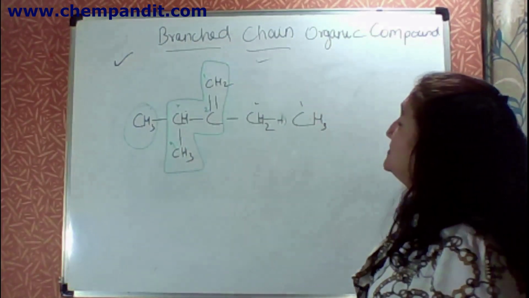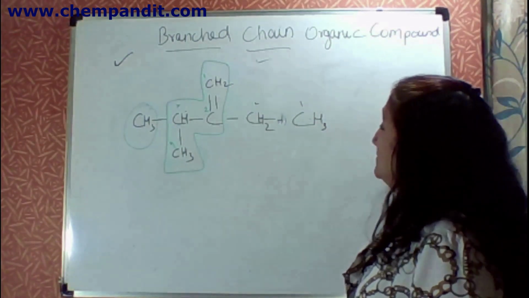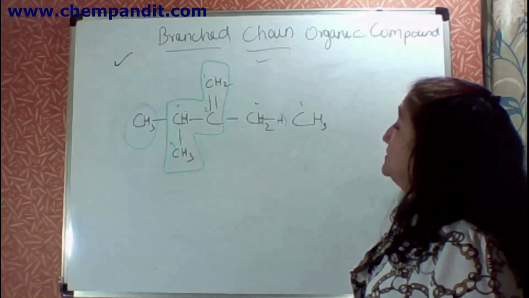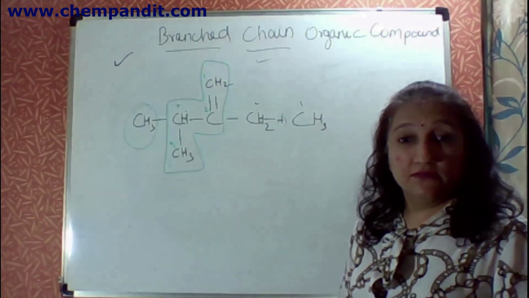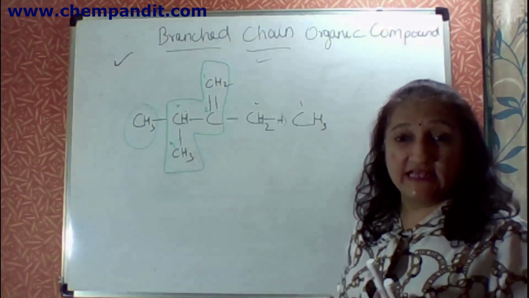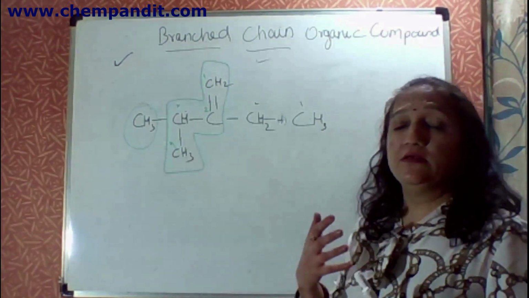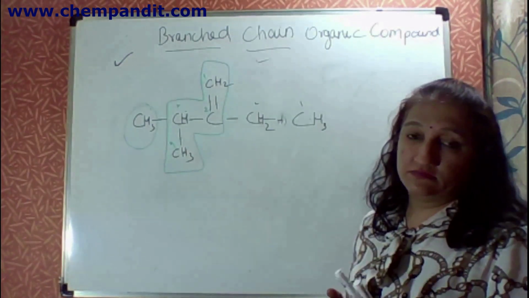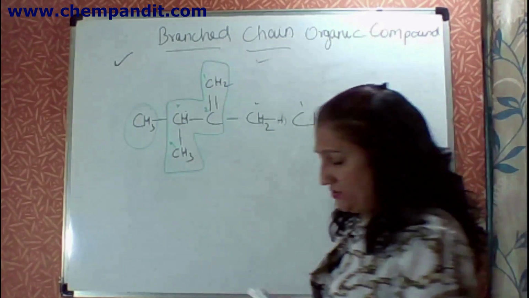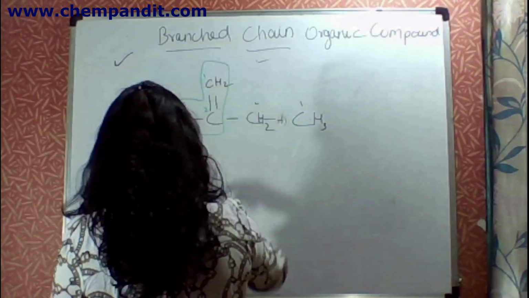So how will you name this compound now? In such case we will write the names of the substituent groups in alphabetical order. Right? In alphabetical order. So we will write ethyl group first.